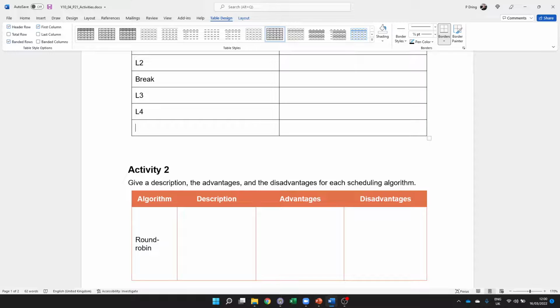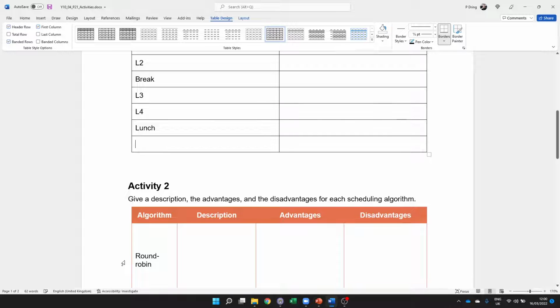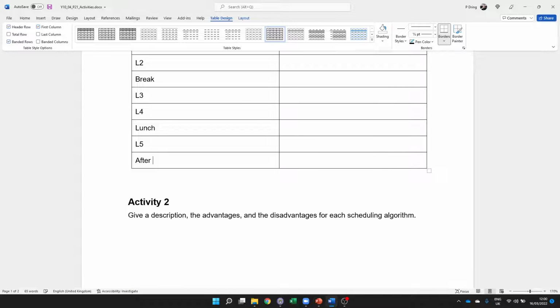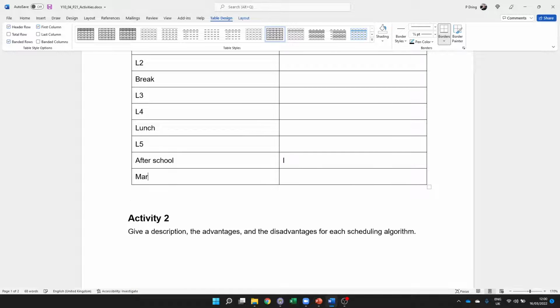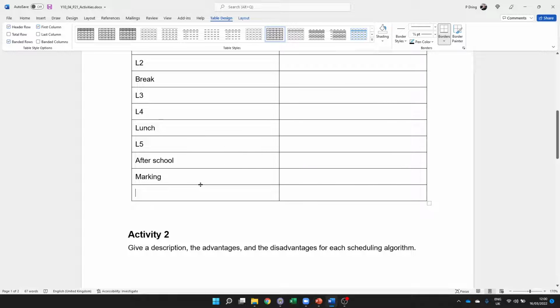Sometimes lunch, all depends on the confusing timetable, but I'm going to just assume it's that. And then lesson 5, and then off in an after school club, and then marking, and then, well, admin / email happens all of the time.